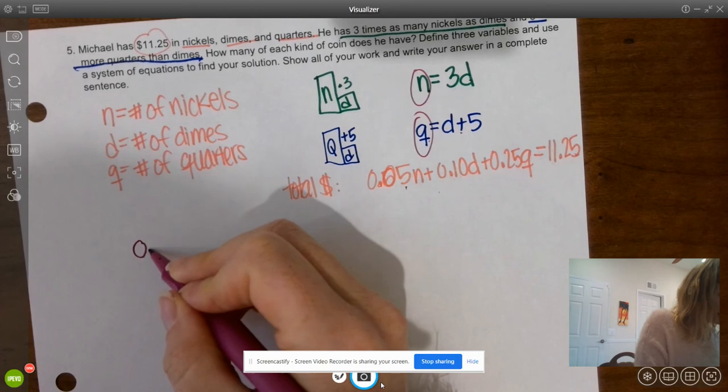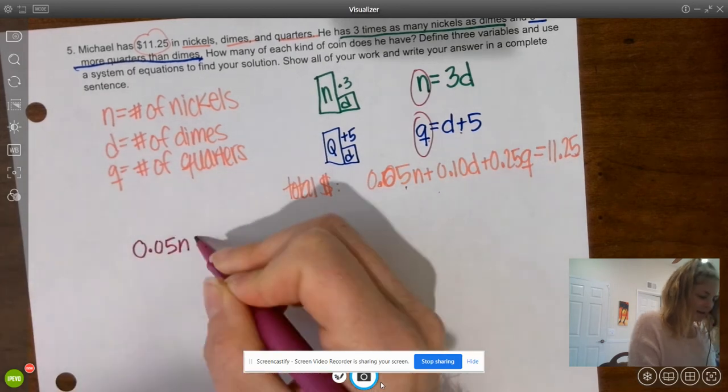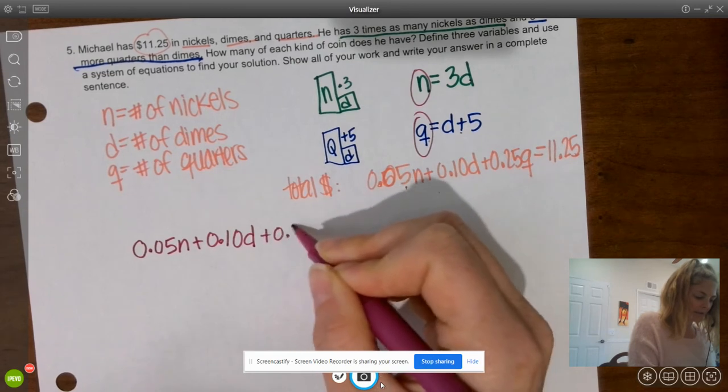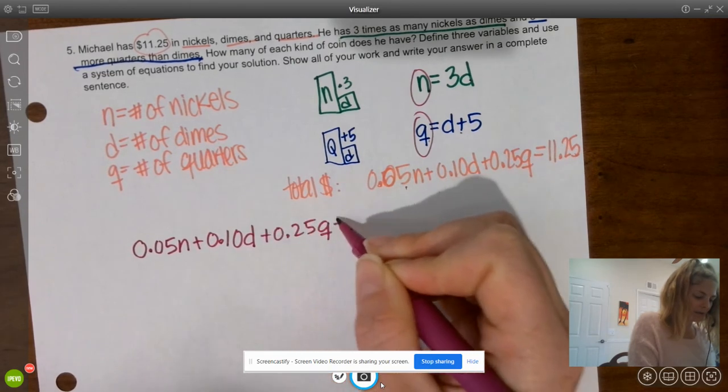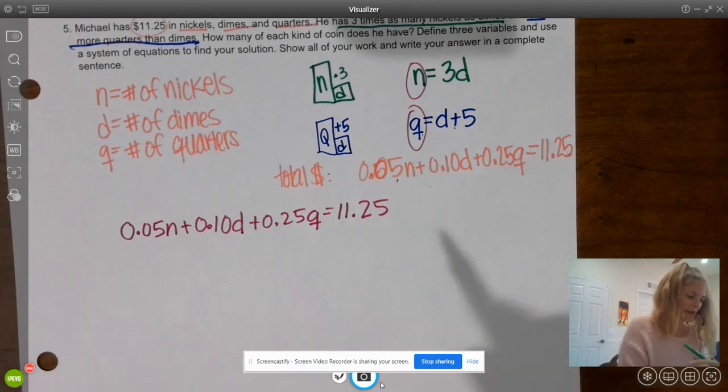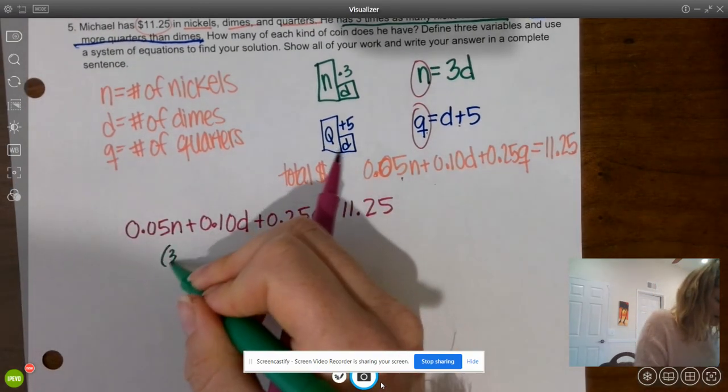Okay, so 0.05n plus 0.10d plus 0.25q is equal to 11.25. And your n value is 3d.